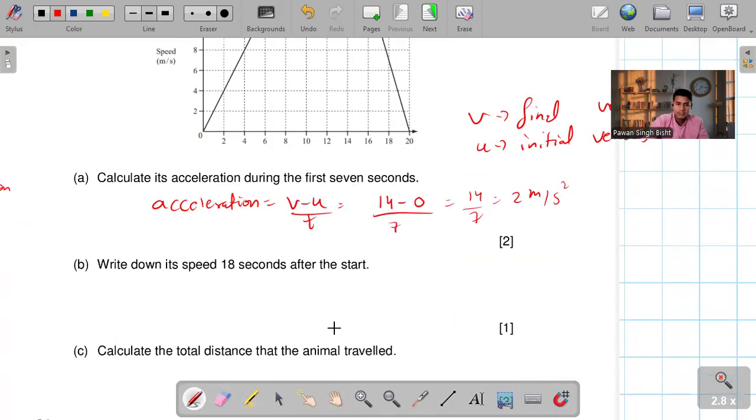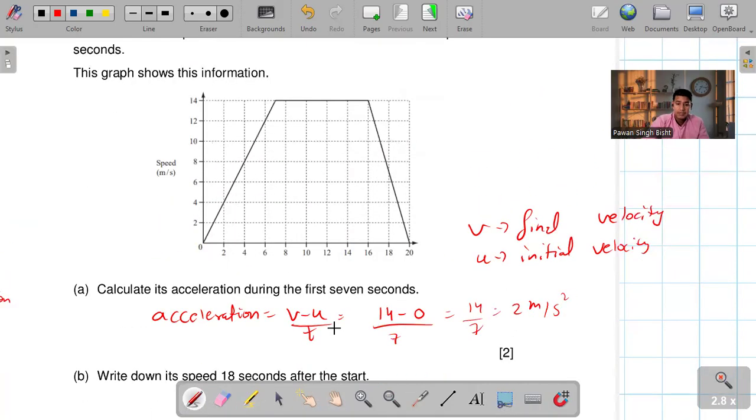Now write down its speed 18 seconds after the start. So 0, 2, 4, 6, 8. This is my 18 second. So after 18 seconds, what is the speed at that time? See, you can see from the graph. From 18, if we go up, it strikes here, and exactly if we check here, it is coming exactly between 6 and 8.